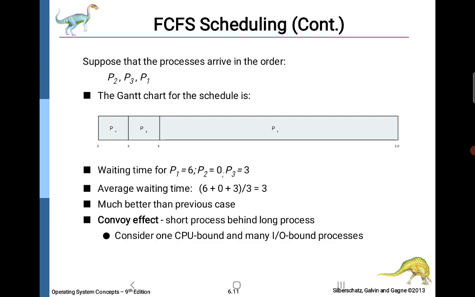And that means average waiting time will be only 3. But we don't have control on which process will be first in the ready queue. Do we? No, we don't.